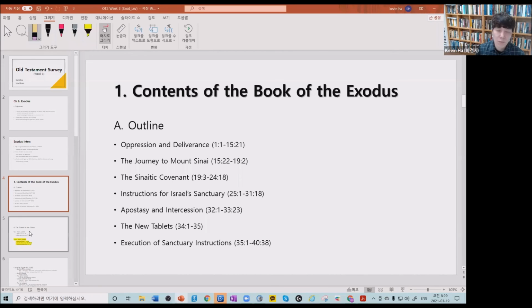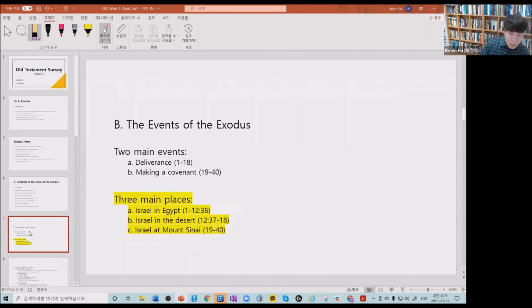So here are 3 steps I made based on the main places. I told you this already, right? The deliverance and making a covenant. And this I divided into 3 based on the places. Arnold also did it in his book.